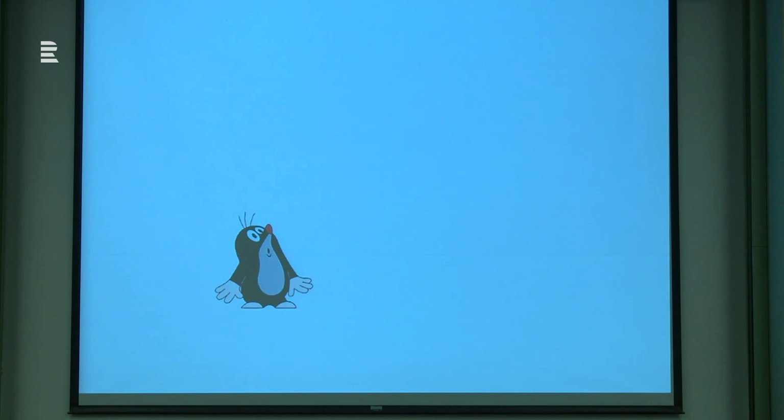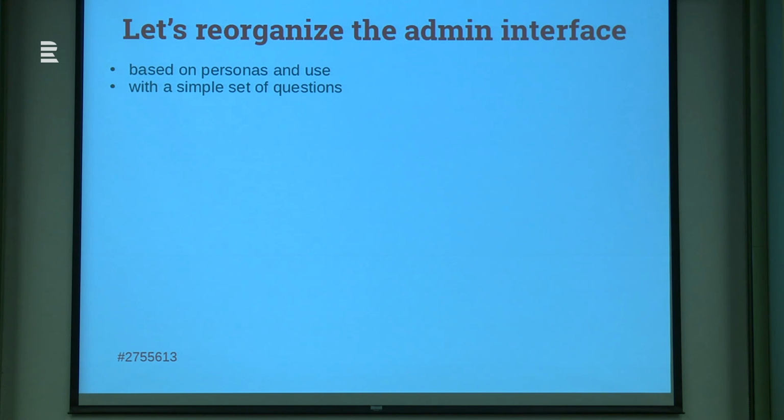We have been discussing this for the last few months with several people, and very brutally, we came up with the proposal to just reorganize the whole admin interface. So not trying to find a differentiation between structure and configuration, but trying to reorganize it more based on personas, based on the use.